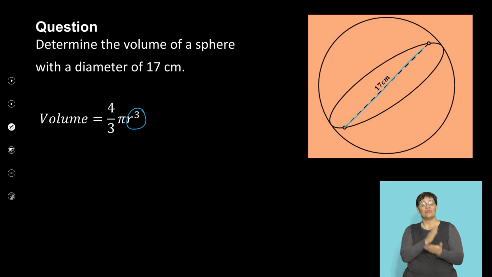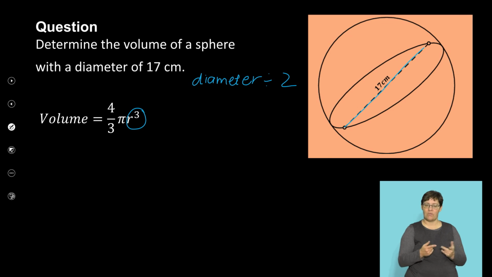So please make sure that you first write down what your radius is. And I know that my radius is always my diameter divided by 2. So what is my radius? It is going to be 8.5 centimeters. This is good news because now I can actually substitute into my formula.